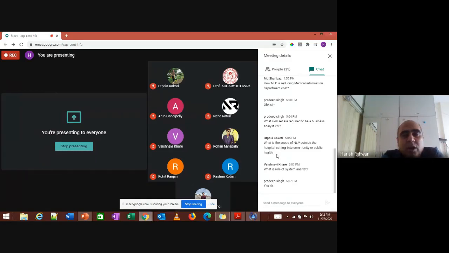But yes, a lot of organizations are focused on Python because Python is a more complete programming language. R is primarily used for statistics. It has a very good tool for statistics. Not that Python does not have that, but Python has a lot of good packages when you really want to look at mining X-rays or any other information, the high-end use cases. Python is much stronger as compared to R.